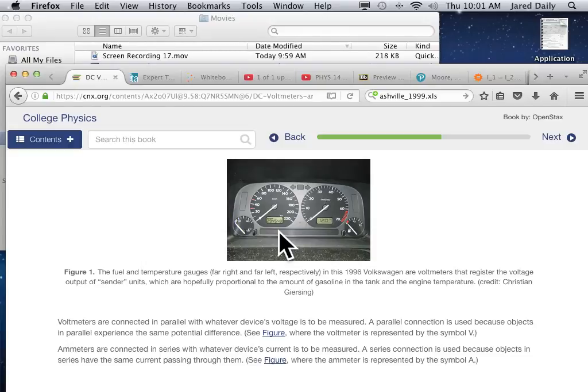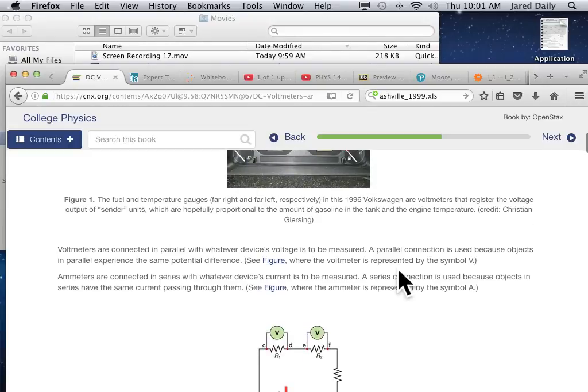Old style odometers that had the little clicking numbers that were mechanical, those are not voltmeters because they literally were just clicking a wheel as your wheels went around. But everything else in these newer cars are voltmeters or ammeters, and it's some kind of instrument that's creating a voltage or a current that's being read by these meters in your car.